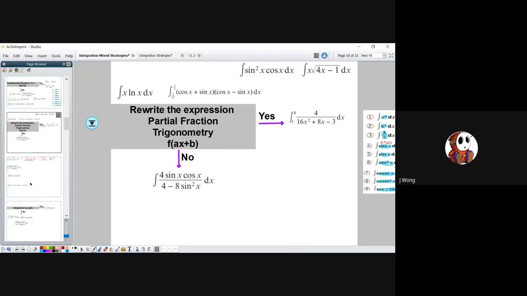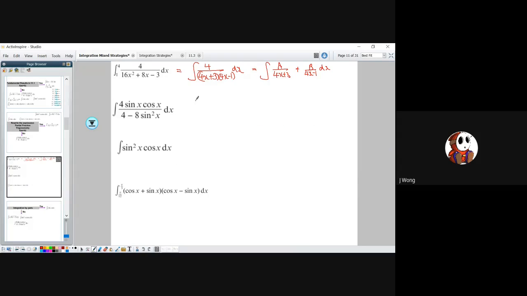But yes, you could write using trigonometry, for both top and bottom, something slightly different. You could rewrite the top as 2 lots of sine 2x, since sine 2x is 2 lots of sine x cos x. So you could rewrite 4 sine x cos x into 2 sine 2x.